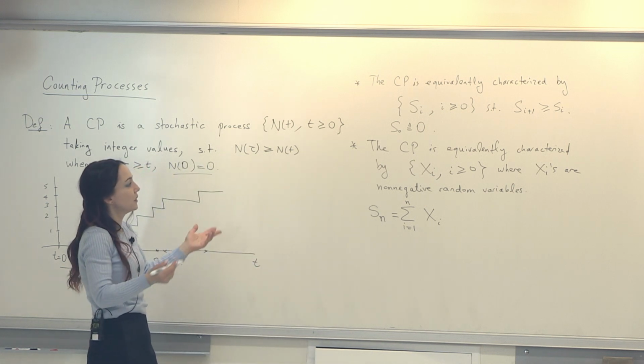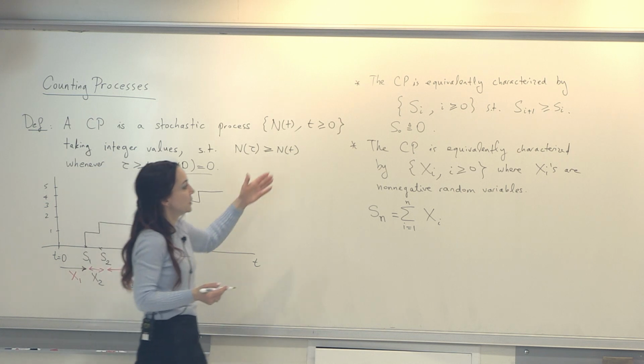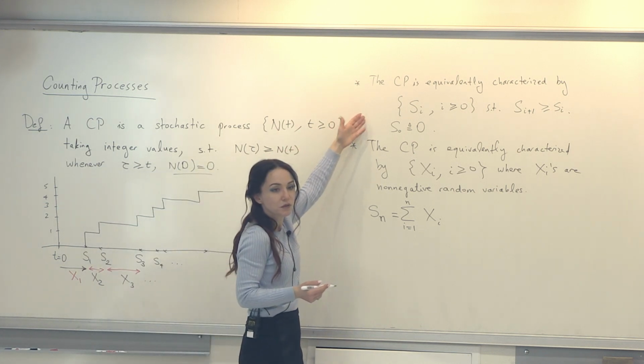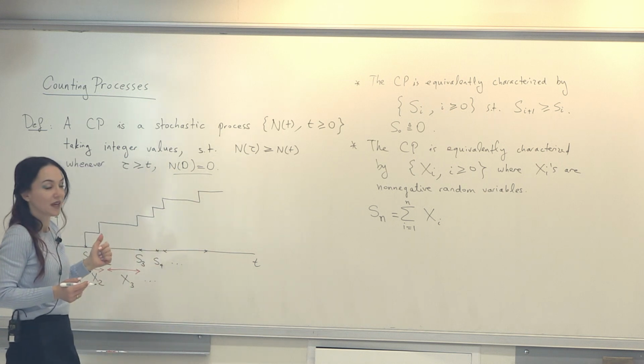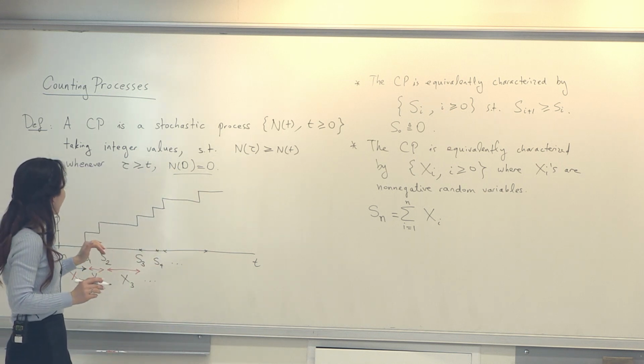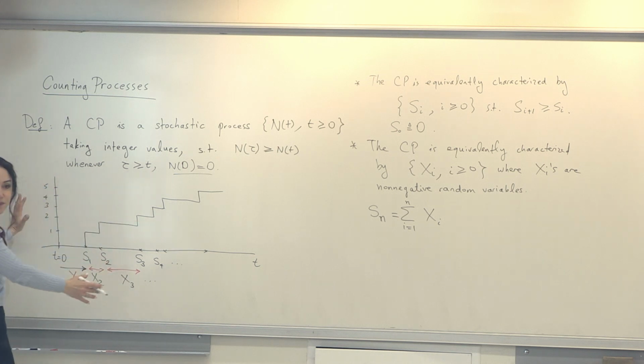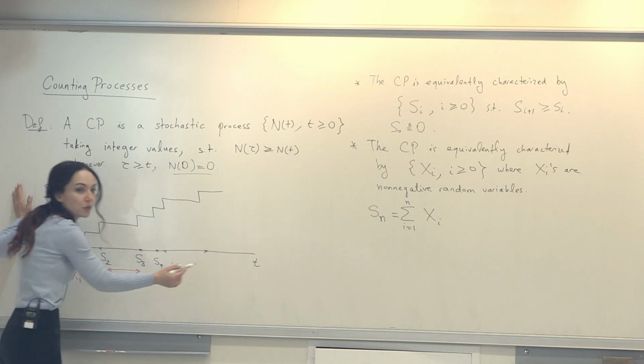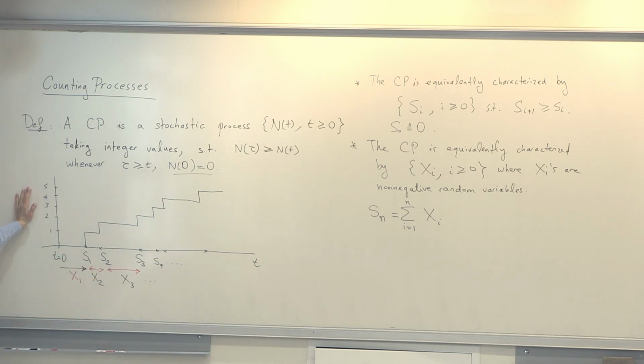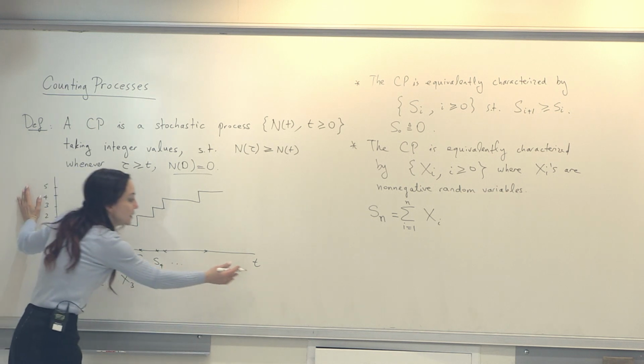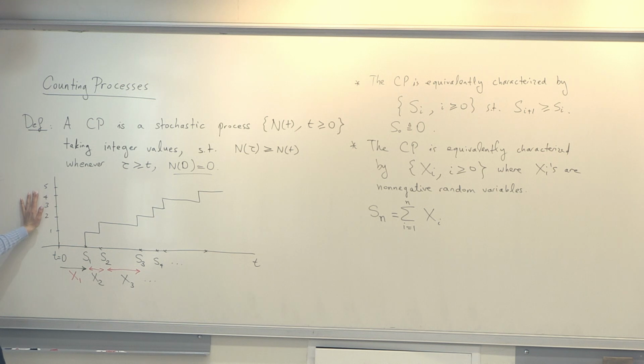Obviously. So clearly there's a one-to-one mapping between this description, that description, and that description. They're all equivalent. The nice thing here is when you define the counting process this way as a function of time, where t is the free variable, it doesn't have to be time, obviously, but it's the free variable, and we define it as a continuous variable, right? It seems that this is a continuous time process, right?